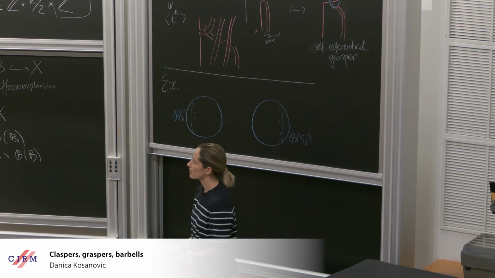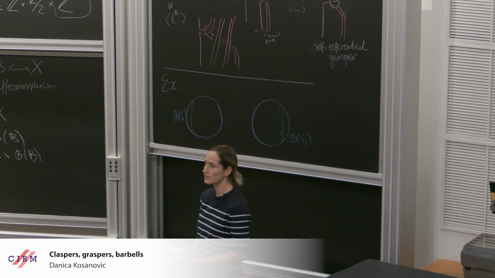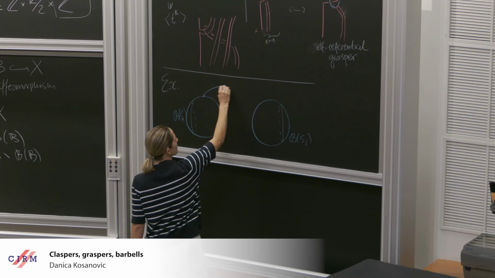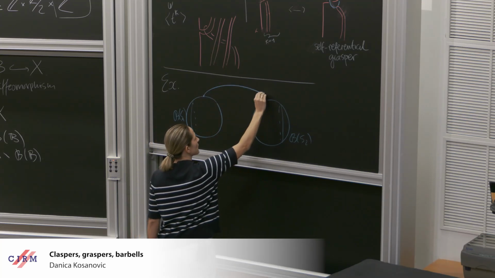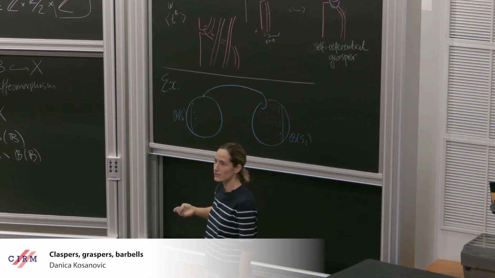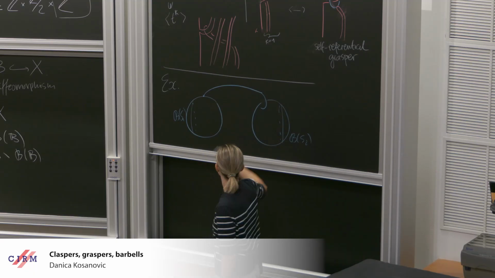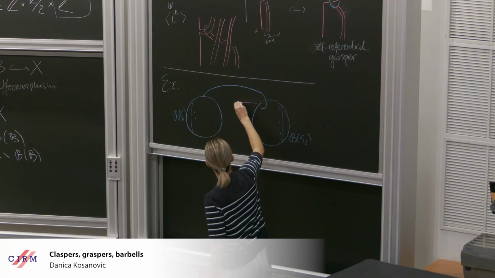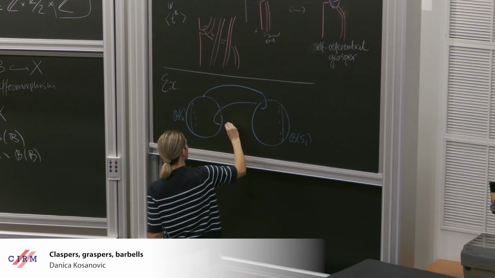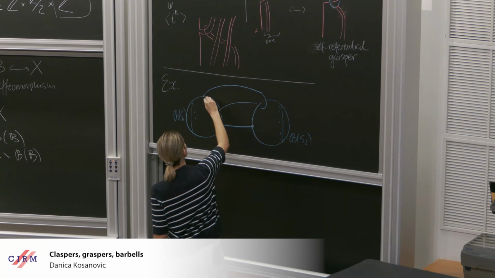And then you just need to choose a bar that connects them. So maybe it starts here, it goes to the other guy. It links it because spheres and circles link in dimension 4. So it's like a little Hopf link here in dimension 4. Then I link here, and then I come back here.